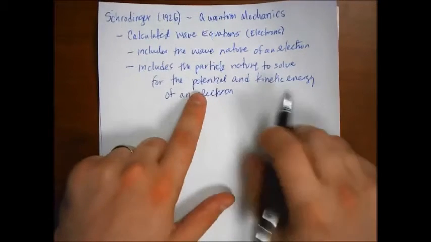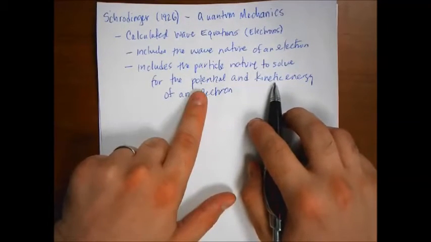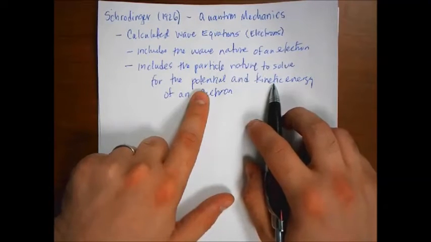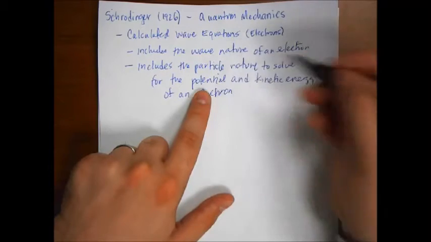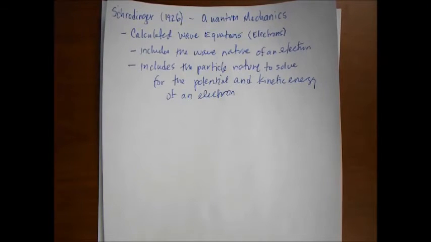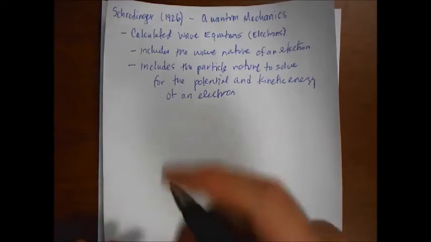The potential and the kinetic energy are terms that we apply to macroscopic objects. Kinetic energy is like a ball moving. Potential energy is also related to a ball moving. So he combines for the first time both particle and wave nature into one picture that really does describe the nature of the atom.